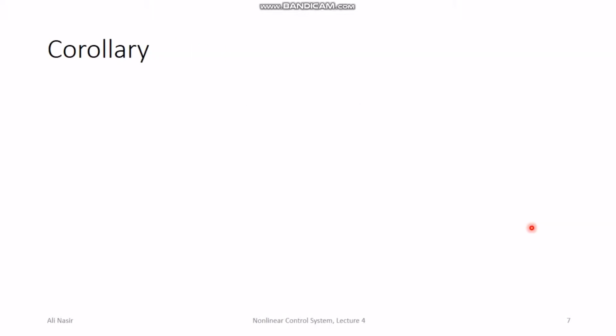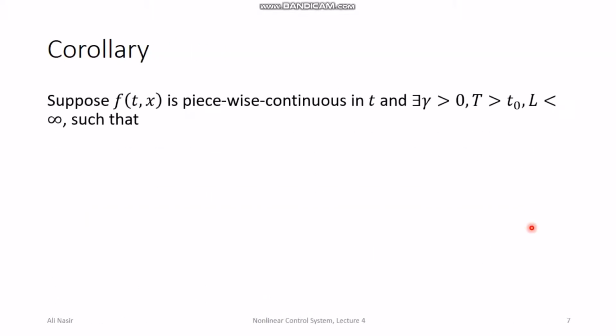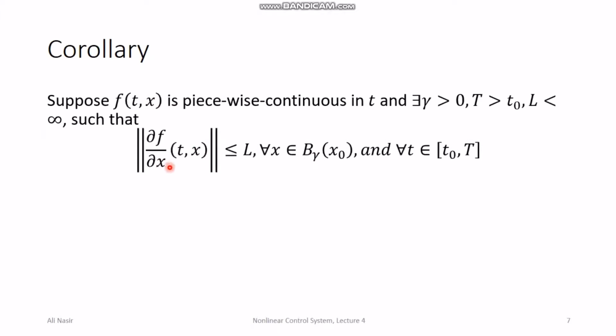Okay, so there is a corollary for this theorem. Suppose that f of t comma x is piecewise continuous in time, and there exist gamma greater than 0, capital T greater than t naught, and L less than infinity, such that the magnitude of the Jacobian of f is less than L for all x in the gamma neighborhood of the initial condition and in this time interval.